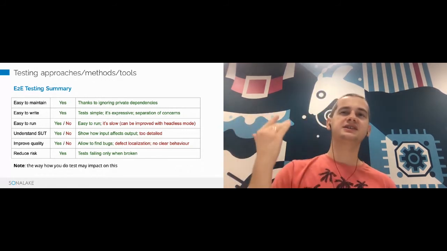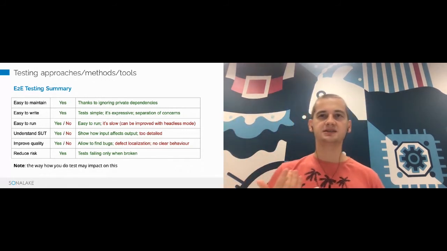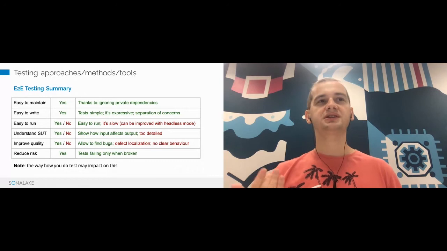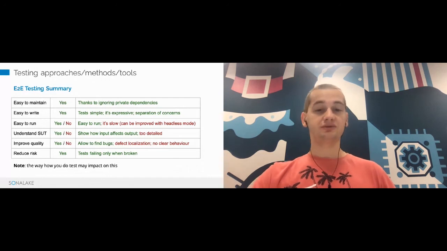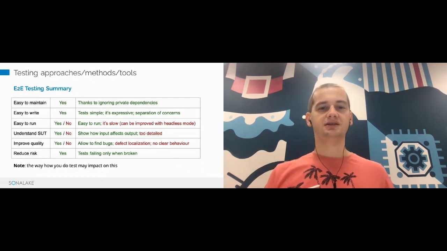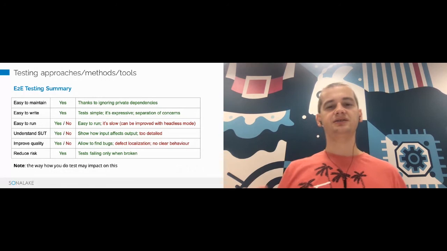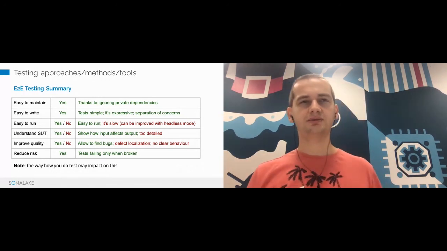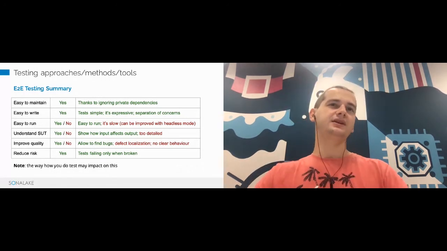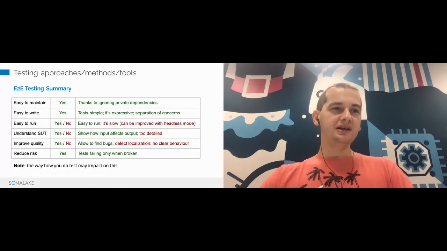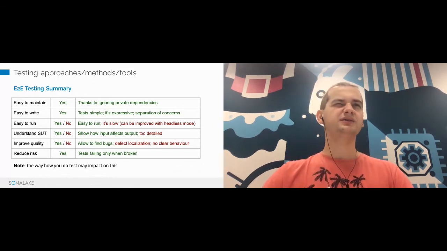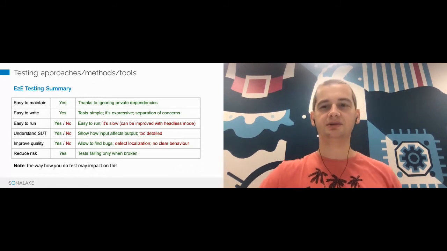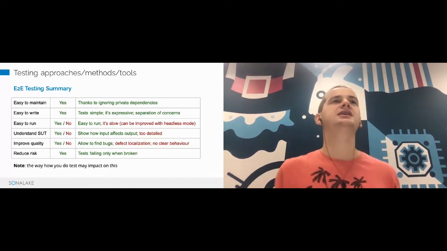However, defect localization fails here, and due to the same problem with understanding the system under test, the behavior is not clear right now. And reduce risk, yes, definitely, because we try to test on the same level as the user with a full setup. But again, the way you do the test may impact those items. That's really important. Okay, let's go next.